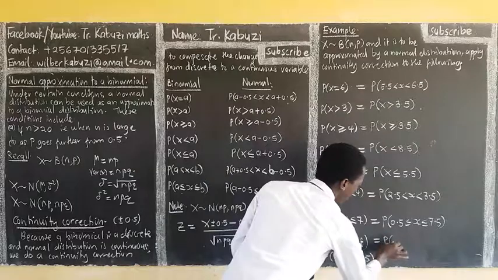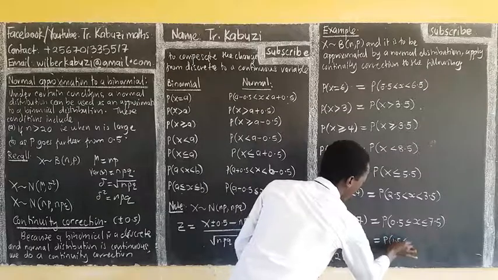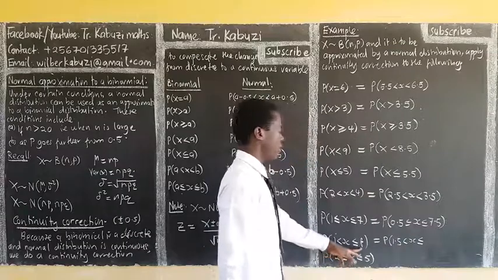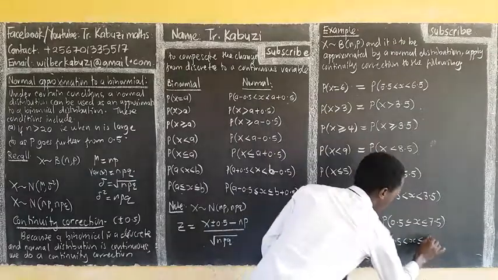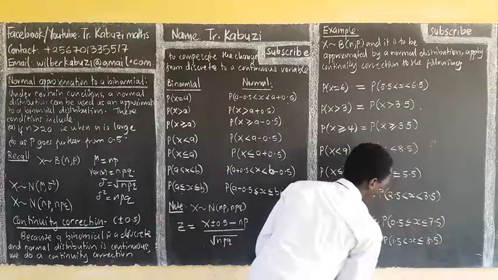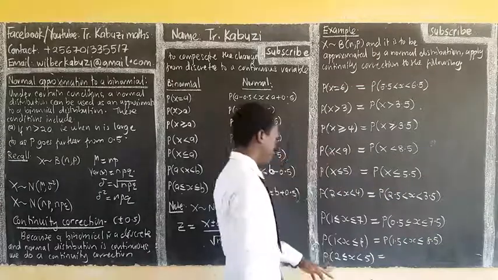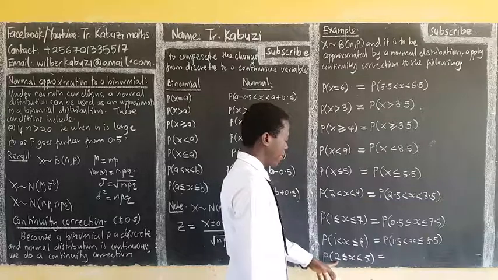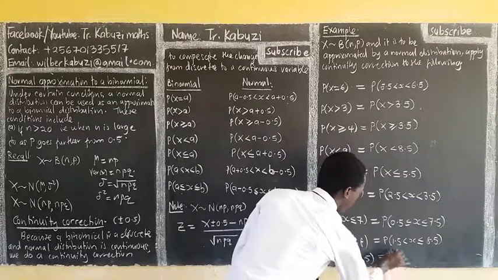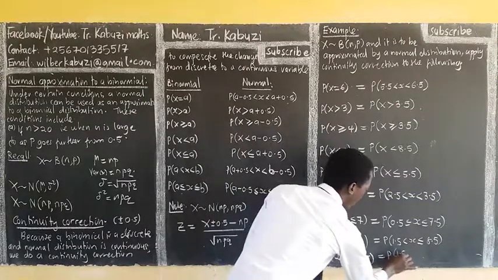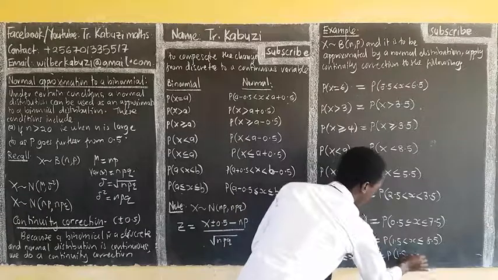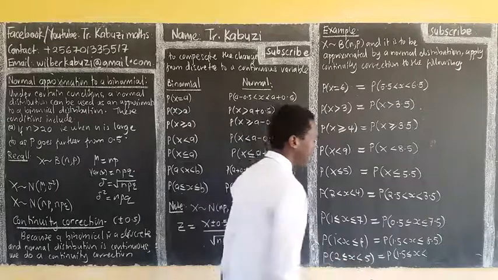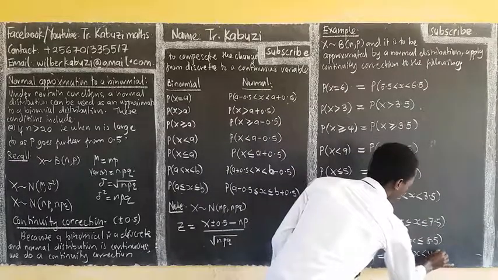So we have 1.5 less x, less, this one is less or equal to, we shall also add 0.5 to get 8.5. And then when you have this, it's greater or equal to, so we shall subtract from this, we shall get the probability of 1.5 less or equal to x, less, then we shall also subtract from this because it's just less, to give us 4.5.